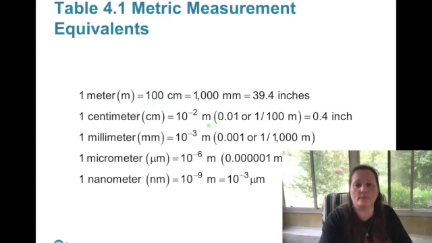So over 2. So this is 1/100th of a meter. This is 1/1000th of a meter. So -2, -3. And you just keep on going down that way. Just move your decimal over and count.